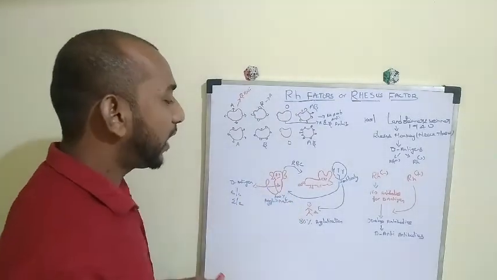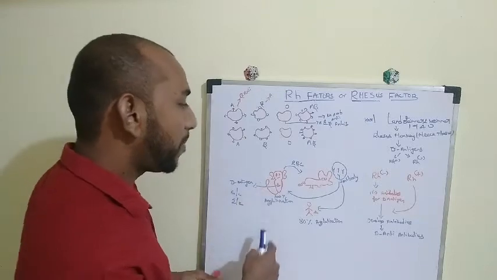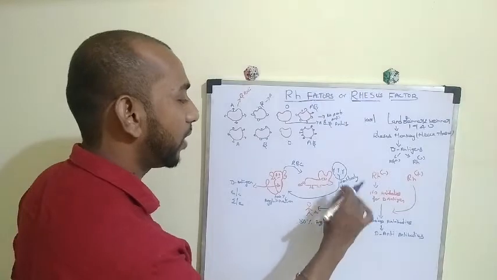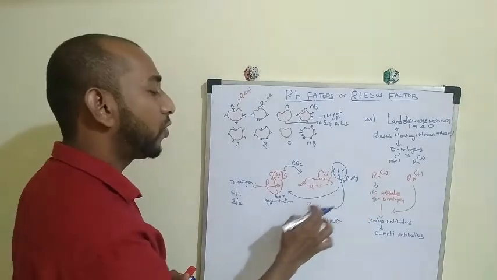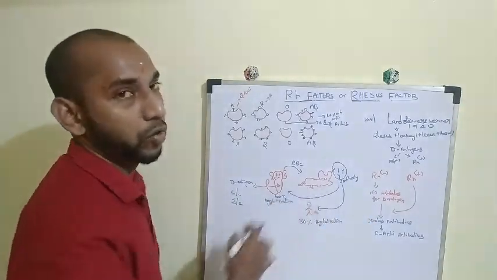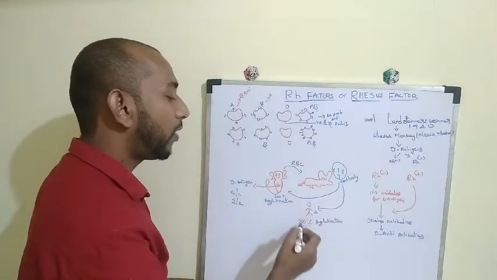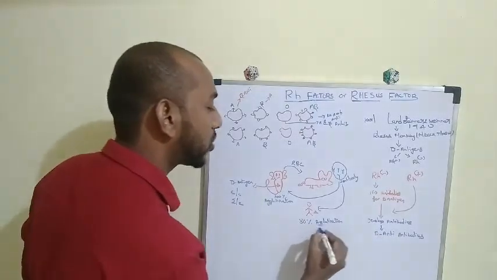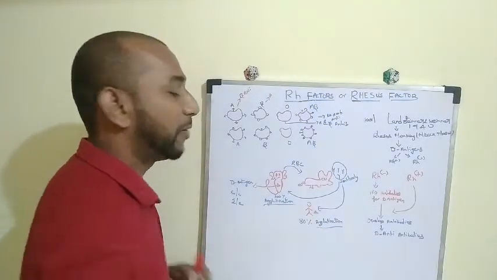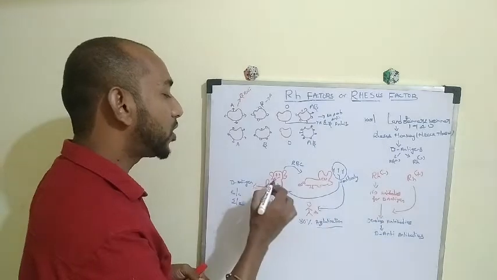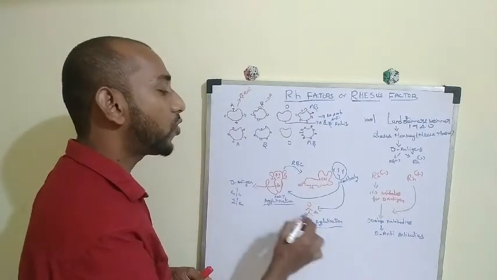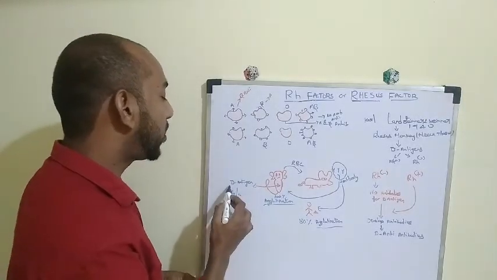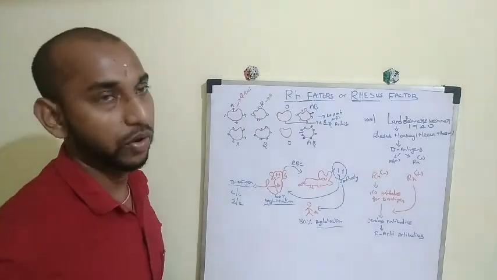So again they collected the same antiserum and transfused it into human blood groups, okay. In human blood, when they transfused, they found 80% agglutination. So what does it mean? It means the antigen which is present in the monkey is also present in human, okay. So they named that antigen as D antigen, okay.